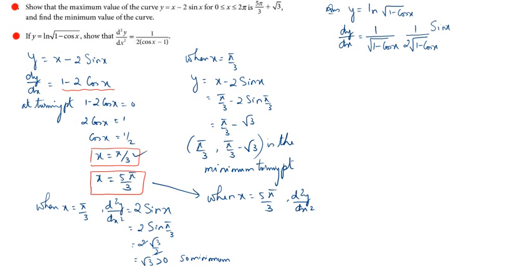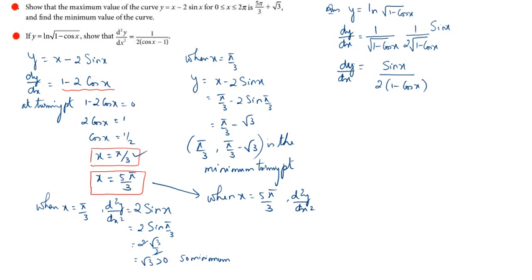So this becomes sin x by 2 root of 1 minus cos x into root of 1 minus cos x, which is 1 minus cos x. So this is actually dy by dx.